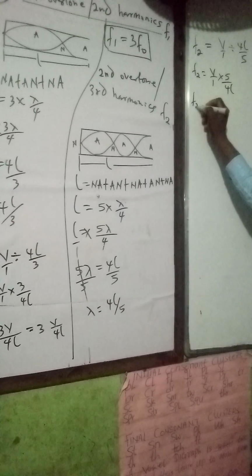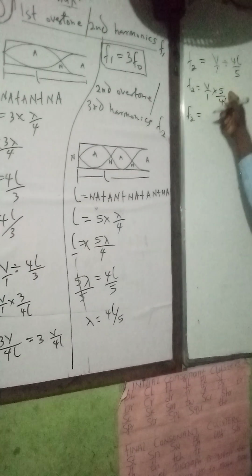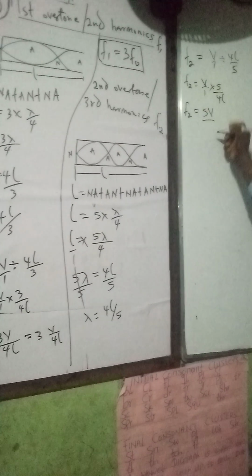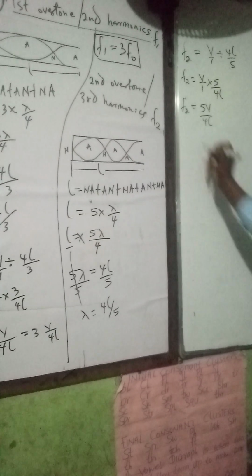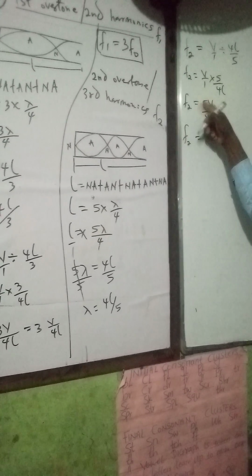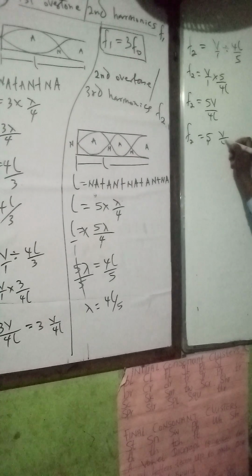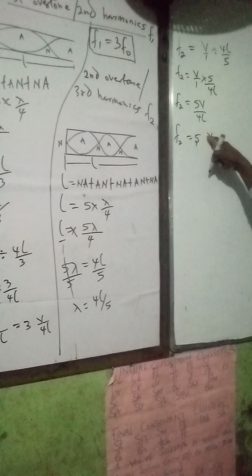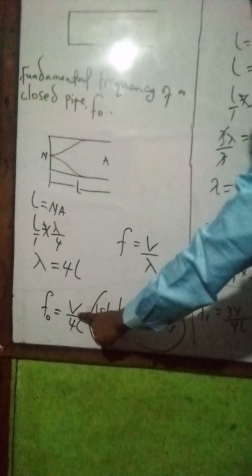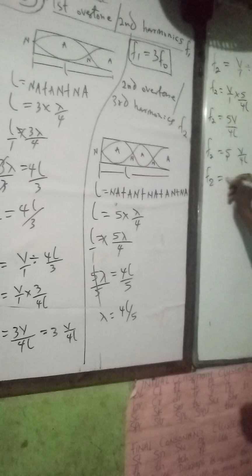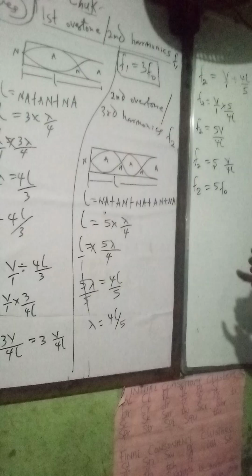Multiply it, F2 will be equal to 5V over 4L. And this can be written as, bring out 5 small, then V over 4L. Remember, my V over 4L is the fundamental frequency of a closed pipe. So which means that the second overtone, which is the third harmonics, is 5F0.